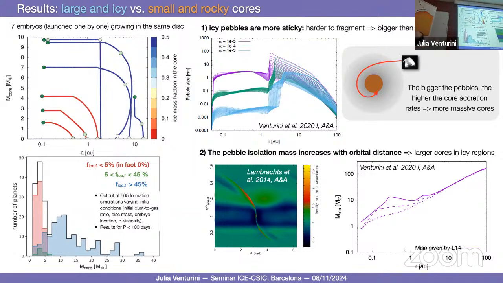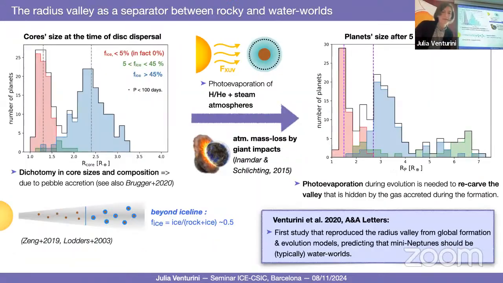And when we launch a population, that means doing hundreds of simulations, varying the initial conditions in the disk, this pattern is still visible in that we have a bimodal core mass distribution, small rocky versus big icy ones.